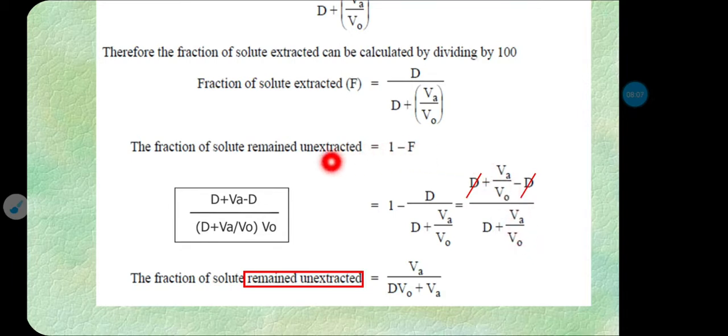Again we rewrite the equation: D plus Va upon Vo minus D, and this Vo will be divided to this side, then D plus Va upon Vo, and this Vo here into Vo. So the D plus and D minus will be cancelled.